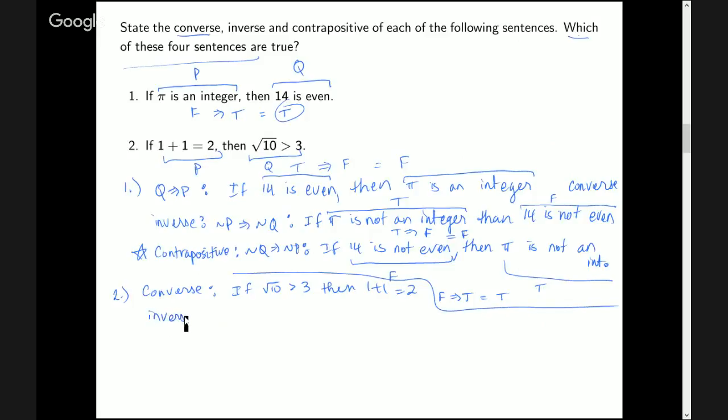The inverse is going to be not P implies not Q. So if 1 plus 1 is not equal to 2, then what?